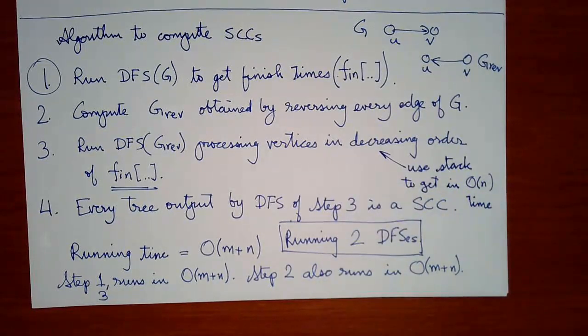Okay. So one more question about processing vertices in decreasing order. Is the first vertex that you choose the vertex that finished last? Yes. You're not free to choose whichever vertex you like to start; every time you run the for loop, you have to follow that order.